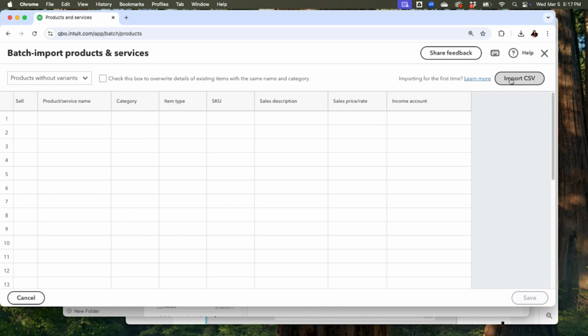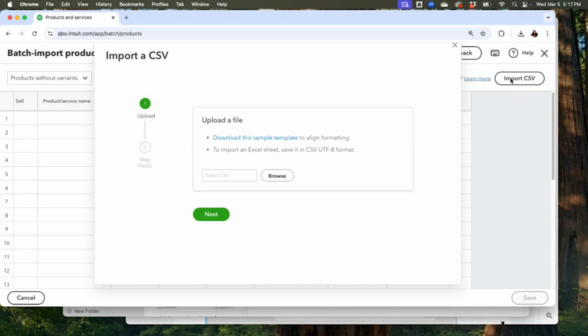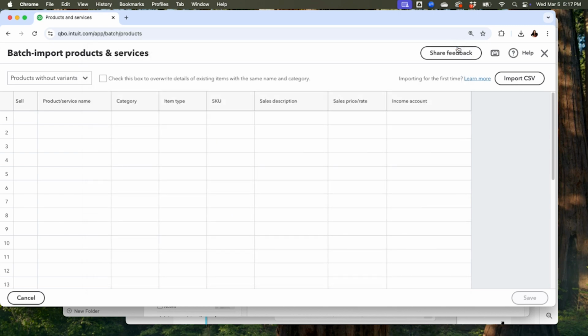And you're going to import a CSV file and get it from your computer. Now, keep in mind, I would format your products and service before bringing them over here to make sure that everything matches. And like I said, type should be non-inventory, okay? Non-inventory, guys. Very important, non-inventory.